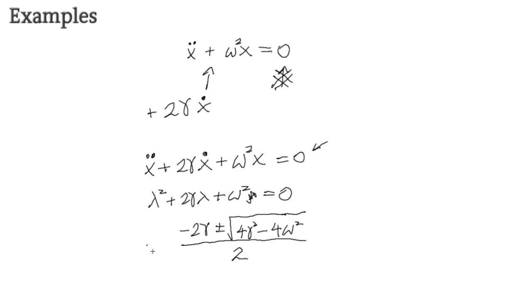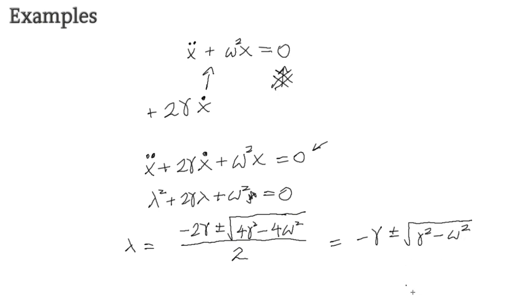So with that, we can find lambda, and it turns out that the reason I put 2 gamma in is such that I can cancel out the 2 right here. So we're left with minus gamma plus or minus the square root of gamma squared take omega squared.